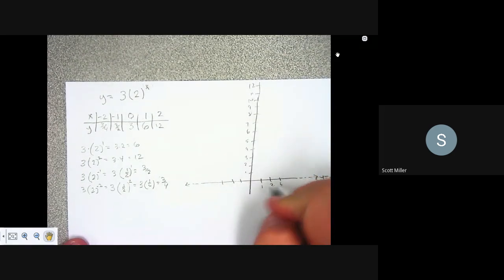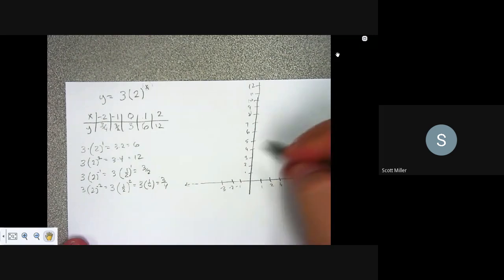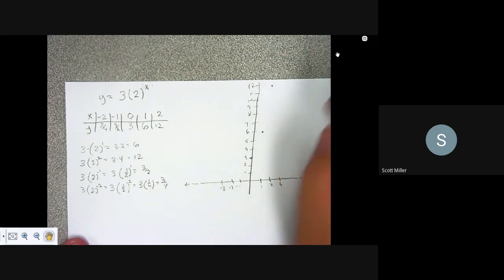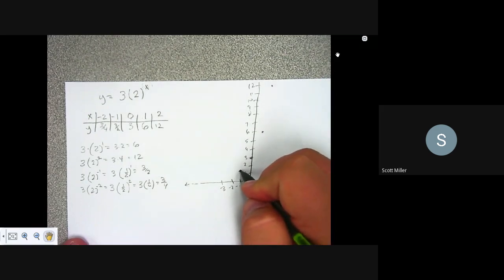One, two, three, -1, -2, -3. And then you just put your dots in here. So 0 goes to 3, 1 goes to 6, 2 goes to 12, -1 goes to 1.5, -2 goes to 3/4.